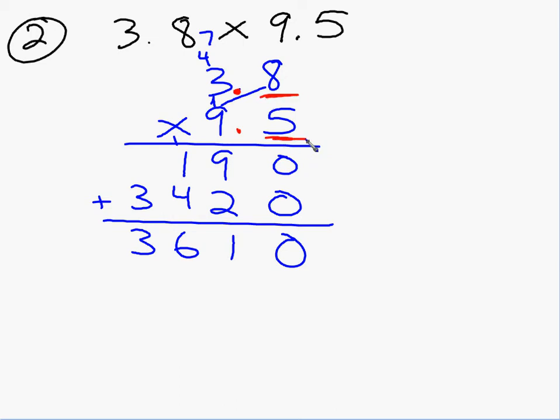How many are there in the original problem? 2. So in this one, I need 2, and you put your decimal there. So it's just like the multiplication that we did before, but you have to place the decimal in the correct spot. I'm going to now give you a problem to try on your own.